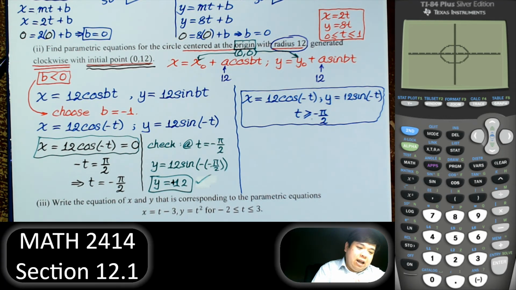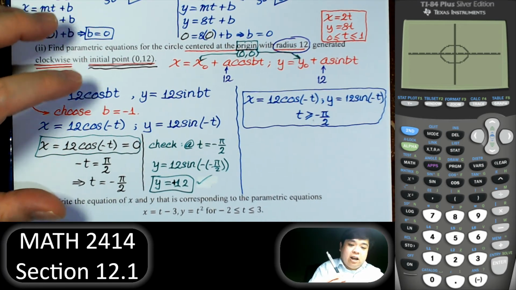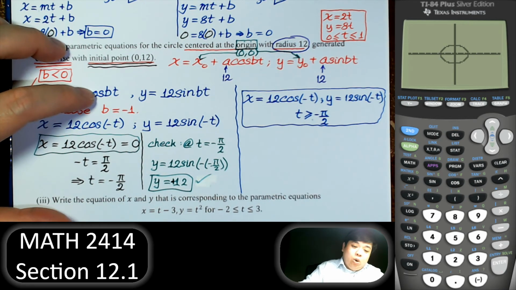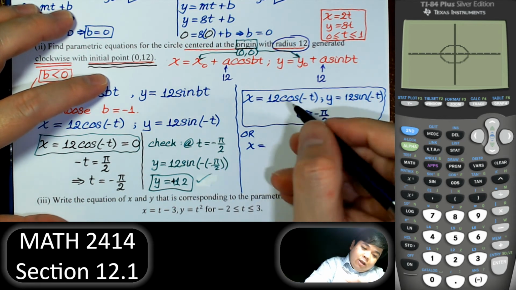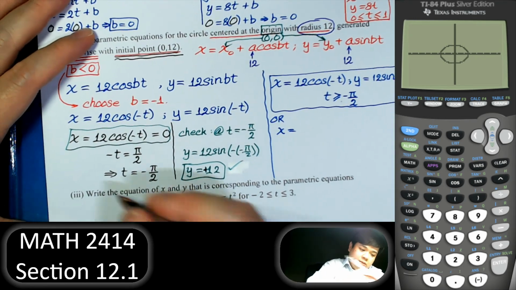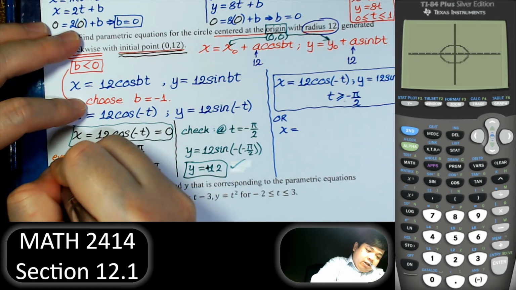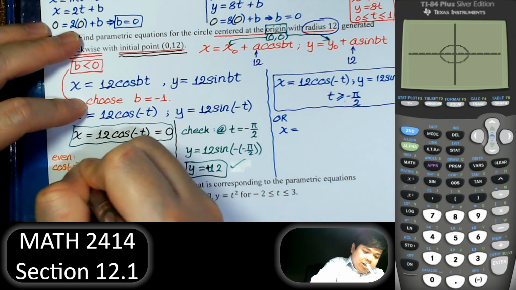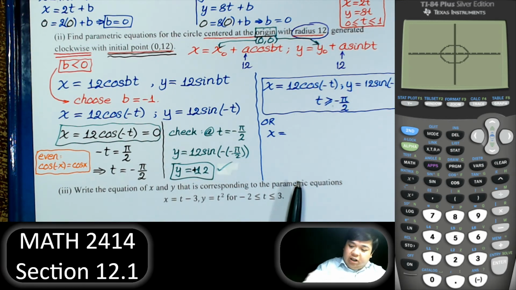Right. Now, we have cosine and sine like that. By the way, if we want to, we can always say cosine is even. Cosine is even. Cosine of negative x is equal to cosine of x. So cosine of positive or negative is still the same thing.